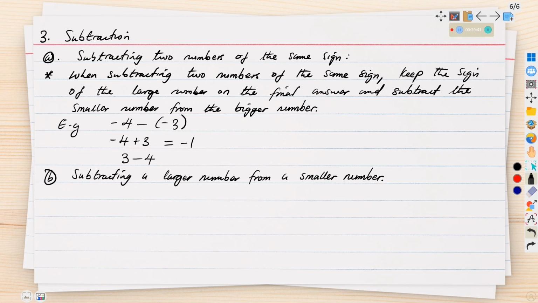I haven't finished the rule. So when subtracting a large number from a smaller number, the rule is that you keep the sign of the large number on the final answer.